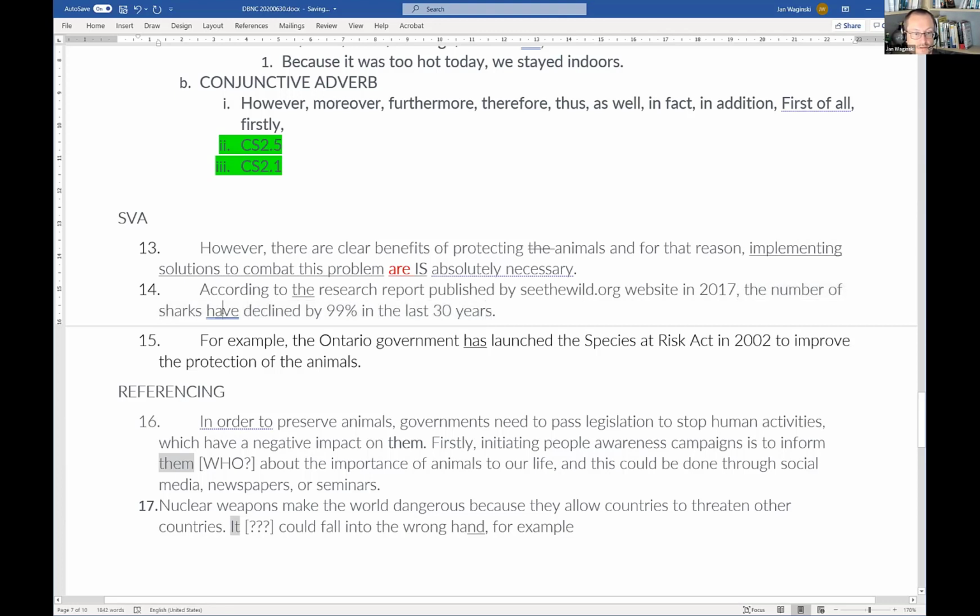So we've got this issue, have. What is the full subject of this verb? What have declined? The number of sharks. That's right. So it's not sharks have declined, it's the number.